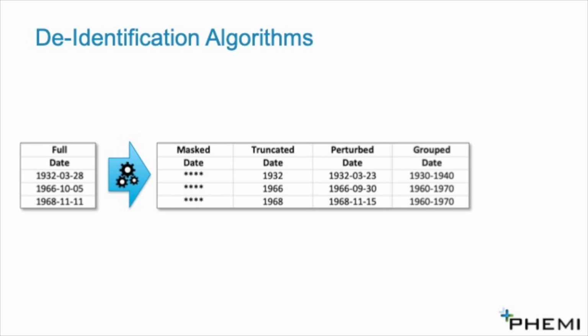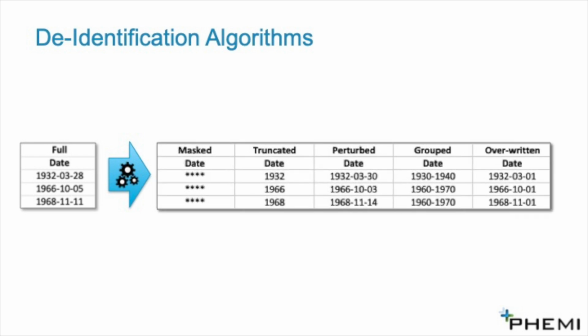We can group dates into ranges such as Q1 1930 or 1930 to 1940. We can even overwrite the data to the first of the month, such as March 1st, 1932, and keep the format and structure intact. In all these cases, it's very, very difficult to attribute the data to any one individual, yet we're still able to get some valuable insights from the data.